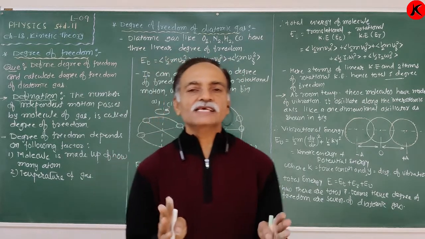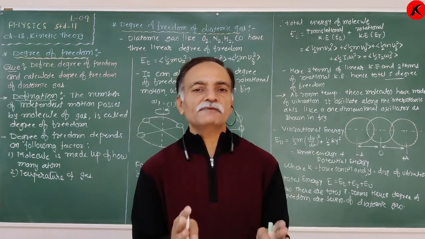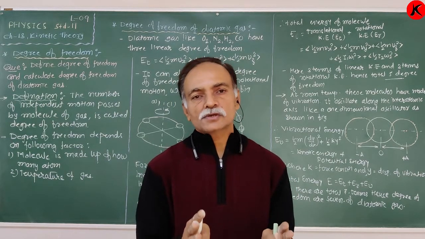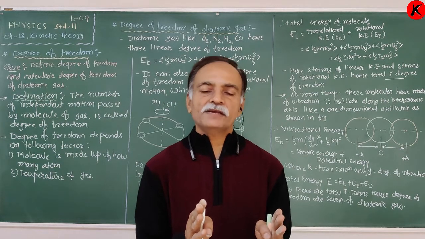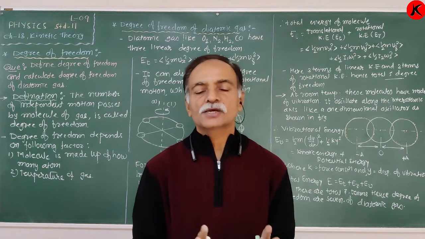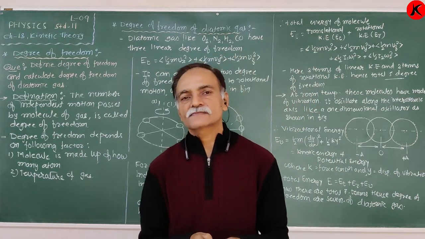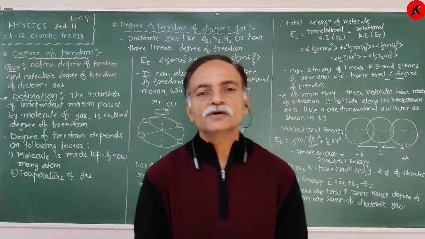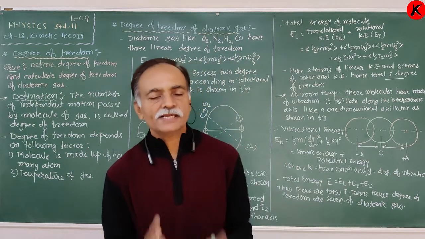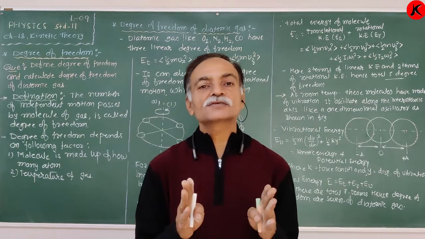If we consider the diatomic gas as a rigid rotator, that means the distance between the 2 atoms of the one molecule is fixed. At that time, the vibrational motion does not take place. Only the linear and rotational motion take place. Rigid rotator means the distance between the 2 atoms is fixed, does not change.